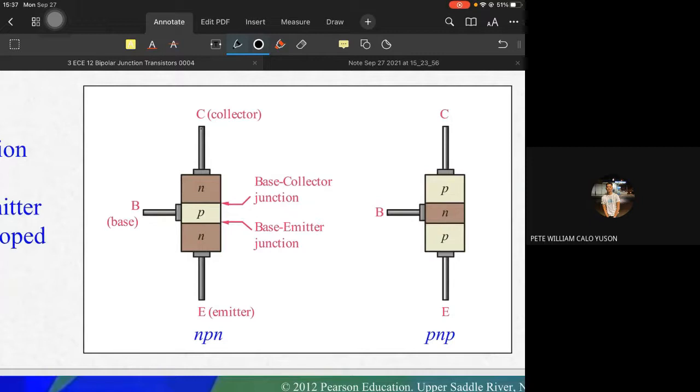Now, there's a reason for that. It's because ang majority carrier for NPN, if you remember, is electrons, right?